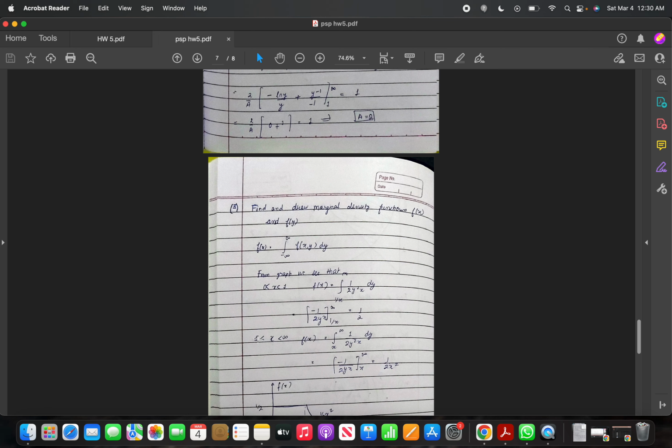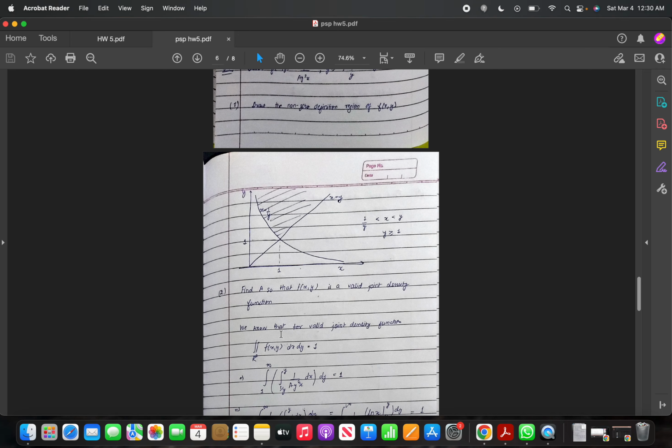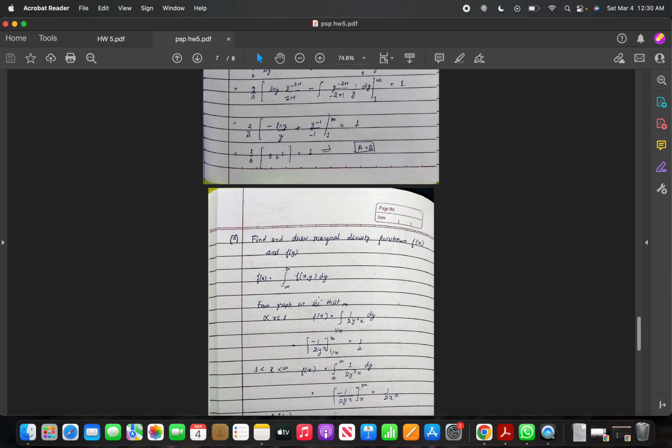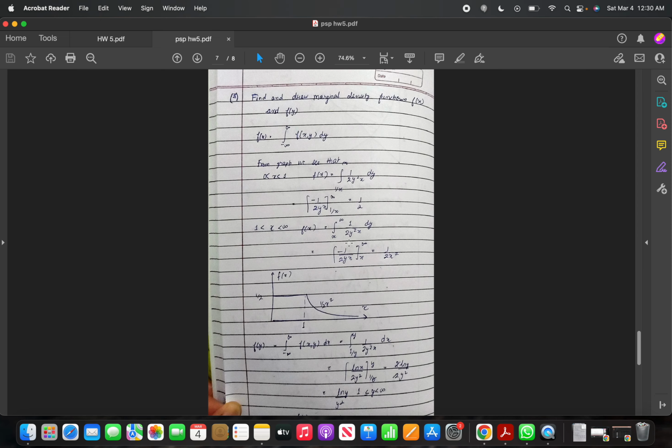Now for x from 1 to infinity, x equals 1 is this line, and from x equals 1 to infinity the value of y will be from x to infinity. So we'll integrate with the limits for y from x to infinity, and on integrating it will be 1 by 2x square.